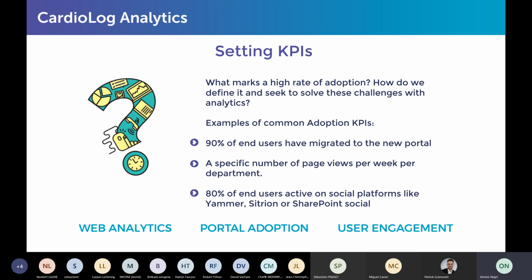We can see some examples of KPIs on my screen right now. For example, 90% of end users have migrated to the new portal, a specific number of page views per week, or 80% using, for example.